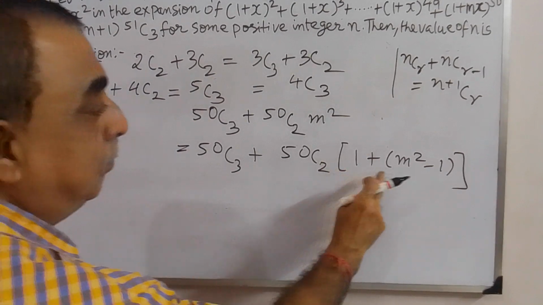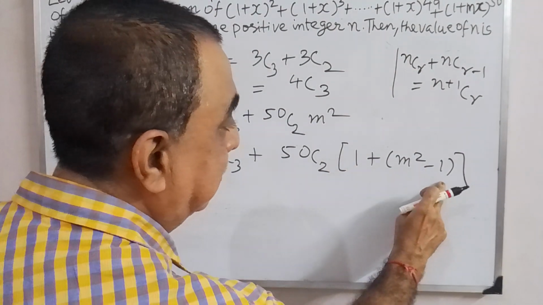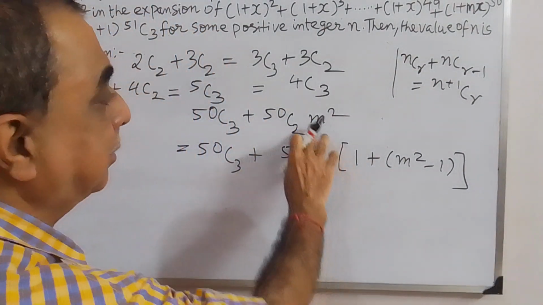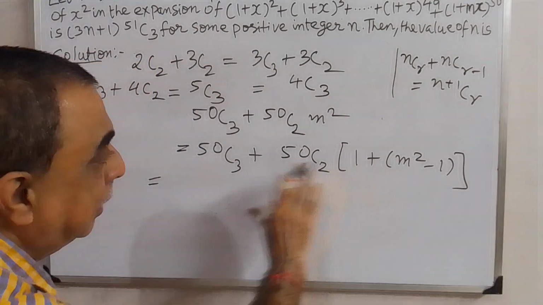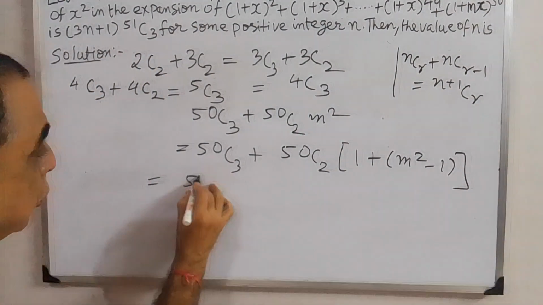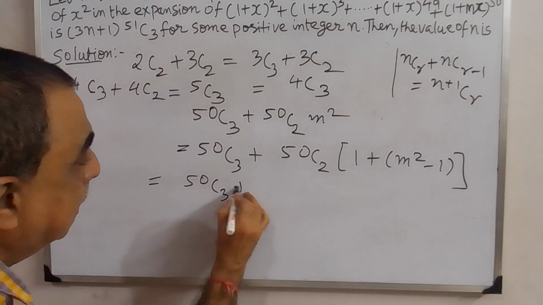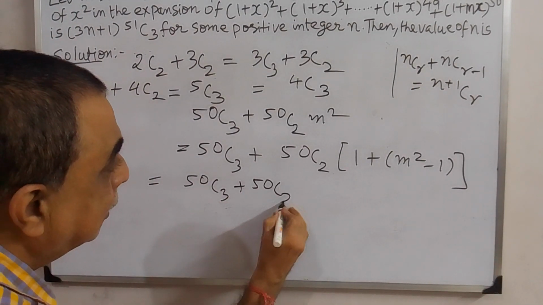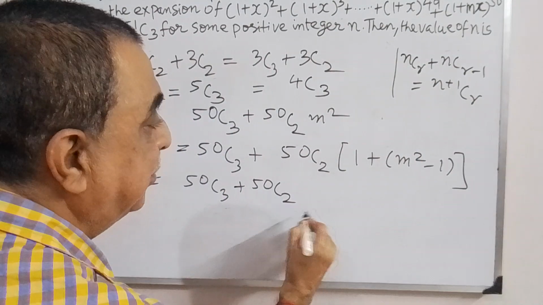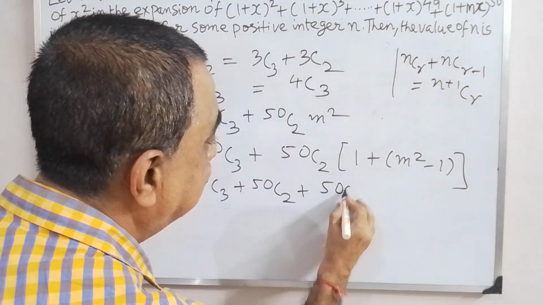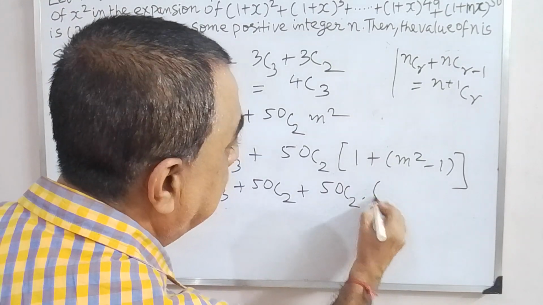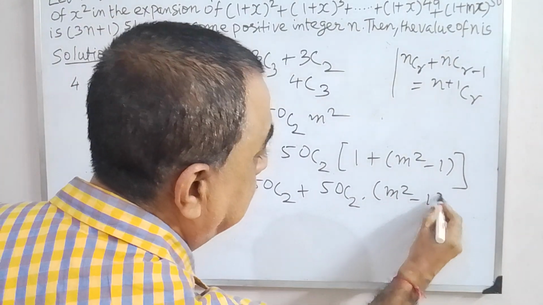So 1 I have added and 1 I have subtracted, so the result will be the same, n squared. Okay, so what do we get by expanding it? This will be 50C3 plus 50C2 into 1, that is 50C2, plus 50C2 into (n squared minus 1).